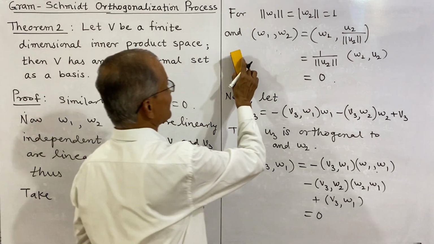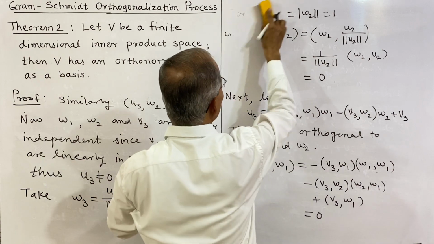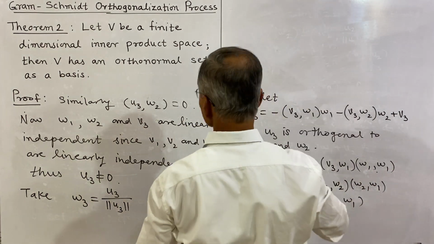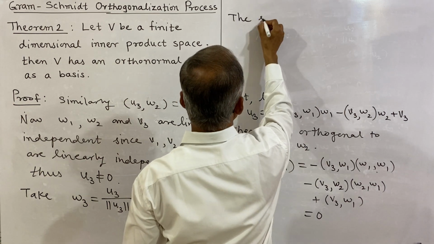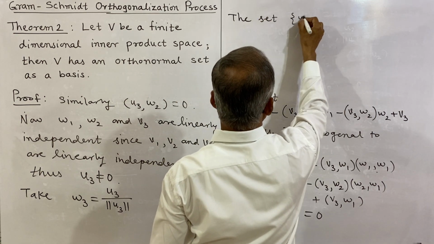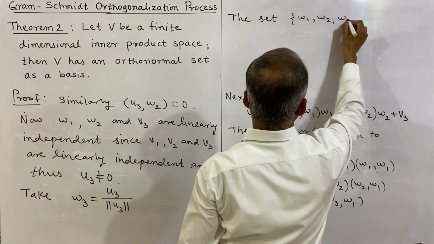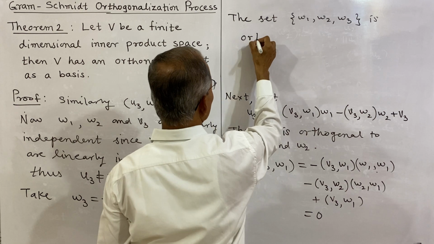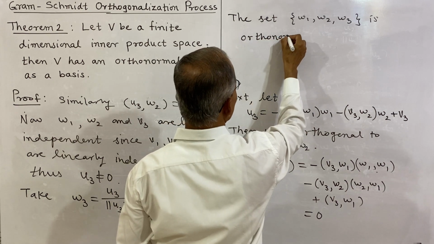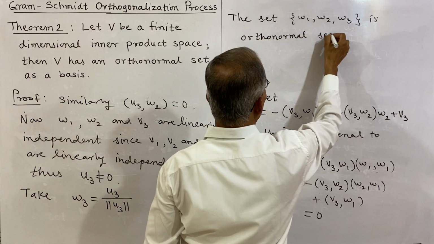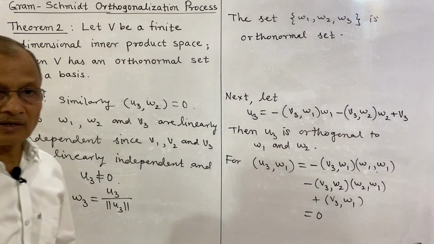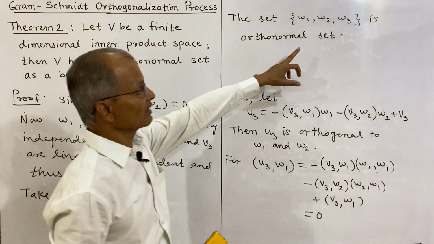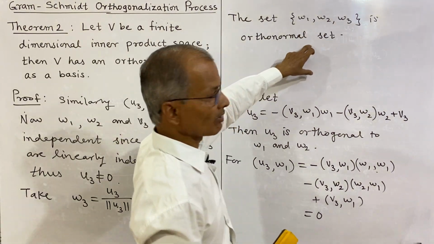Then the set W1, W2, W3 is an orthonormal set. And thus we are constructing the vectors like this. Every time we are getting one more vector and the set becomes an orthonormal set.